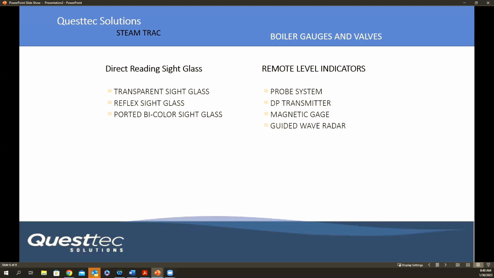What are considered remote level indicators? The probe columns, DP transmitters, magnetic level indicators. Caveat to that: only allowed to be considered with the transmitter less than 900 pounds working steam pressure, and guided wave radars.